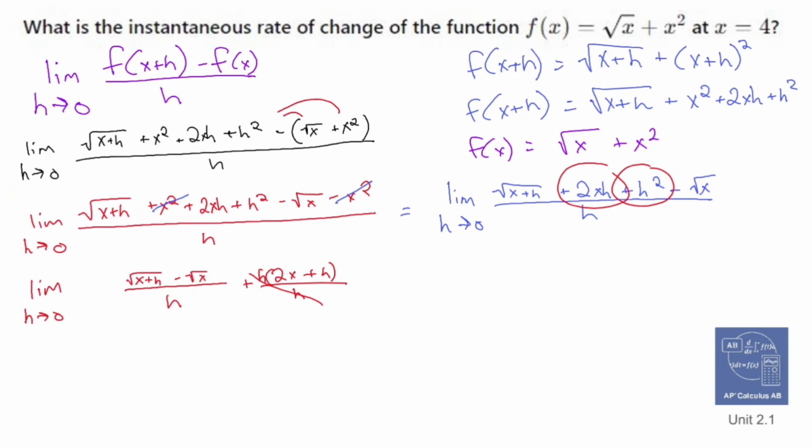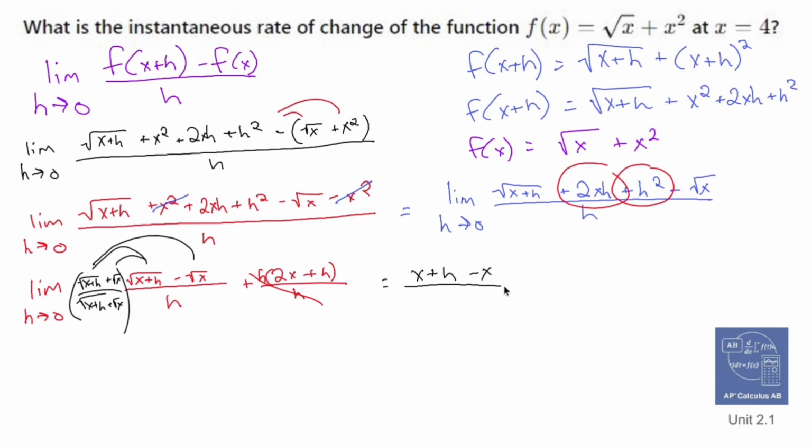What I'm going to do is multiply the top and the bottom here by the conjugate of that square root, not friendly at all: the square root of x plus h plus root x, all over the square root of x plus h plus root x. Okay, so one step at a time. What that does for me, after I FOIL this out, is I get root x plus h times root x plus h, giving me x plus h, minus grossness plus the same grossness, so these will cancel out in the middle, and then minus x.